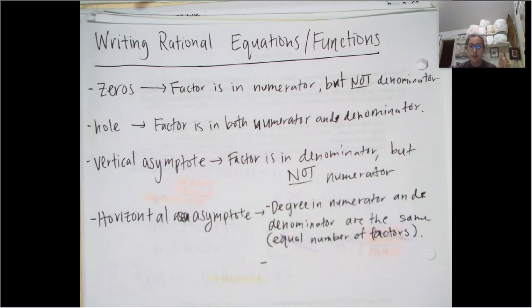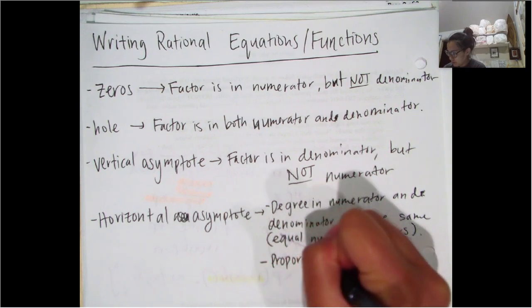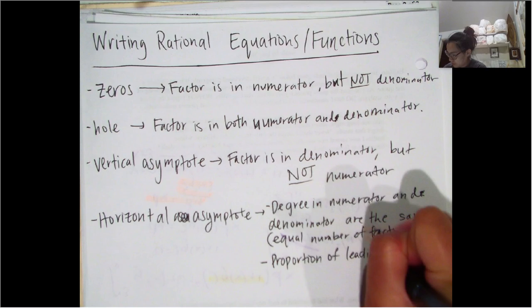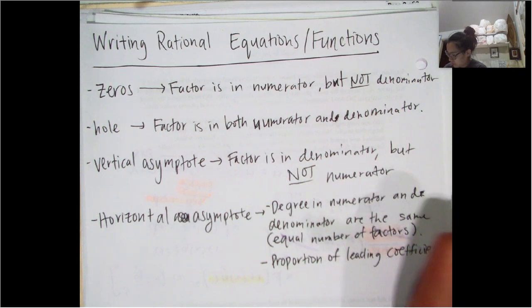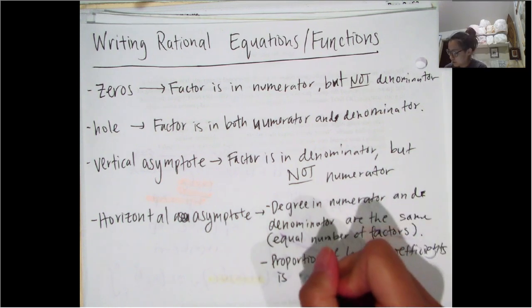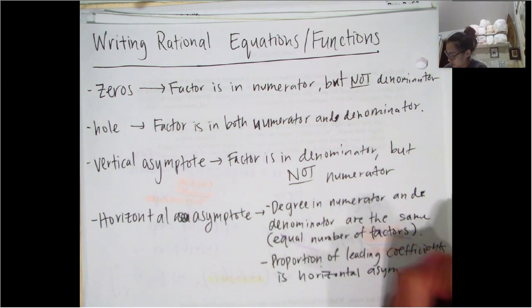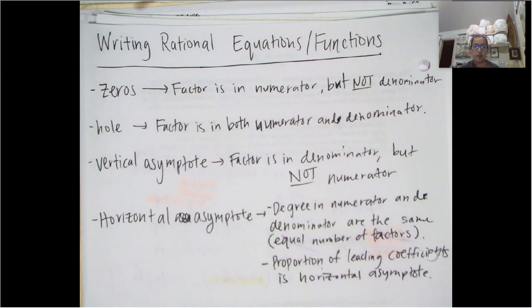And the leading coefficients have to make that proportion. So the leading coefficients have to make whatever the horizontal asymptote is. So if you keep each of these things in mind when we're writing equations, you'll be able to write an equation for a rational function.